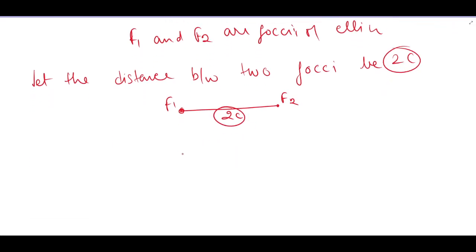And the constant mentioned in the definition of ellipse is always greater than the distance between two fixed points.